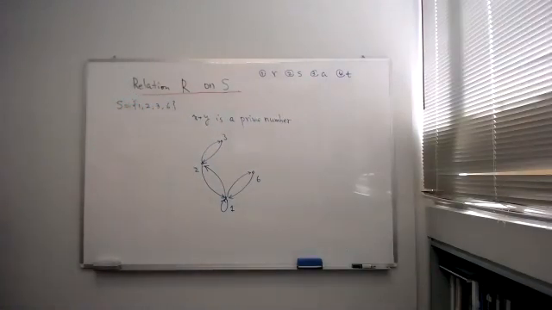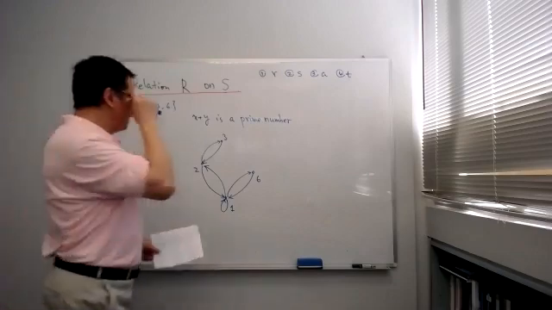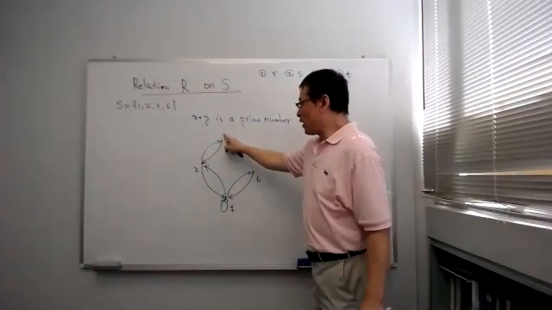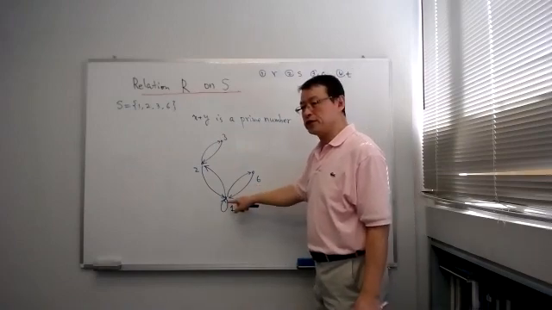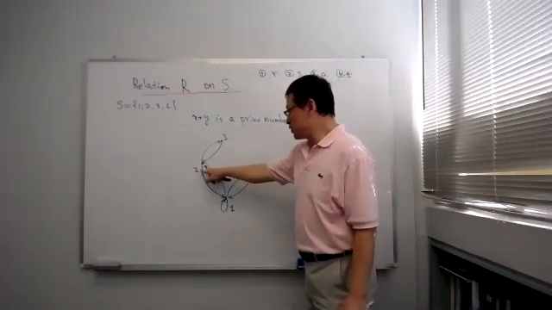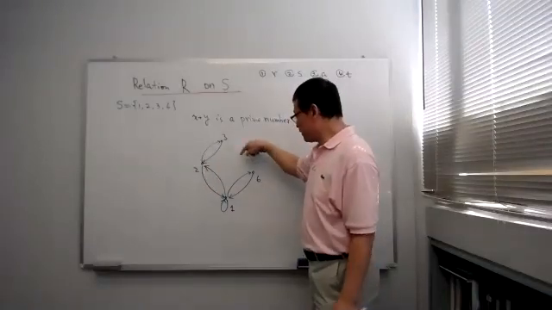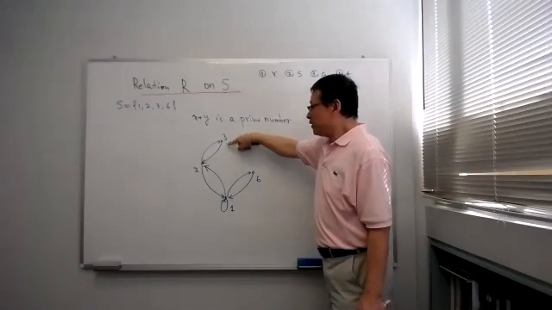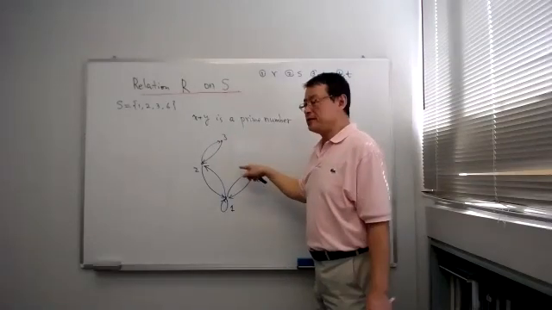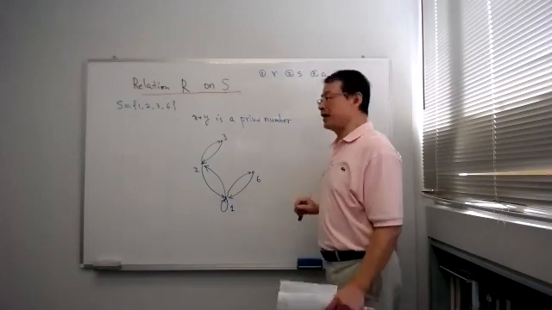So this is a graph for the relation. All right. So 2 plus 3 is 5, a prime number. 1 plus 6 is 7, a prime number. 1 plus 1 is 2, a prime number. 1 plus 2 equals 3, a prime number. 3 plus 6 is 9, not a prime number, so we don't have any edge. 2 and 6 is 8, so it's not a prime number. So that's the graph we get.